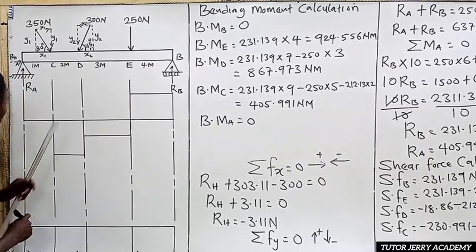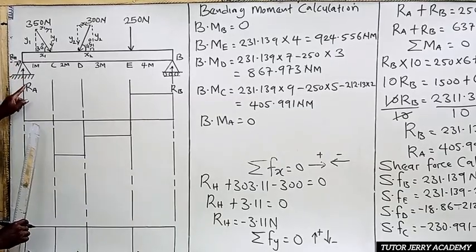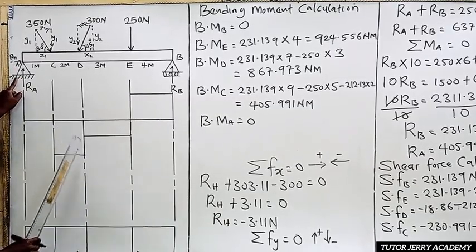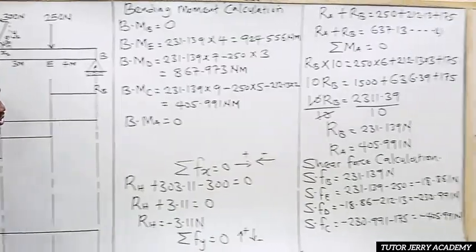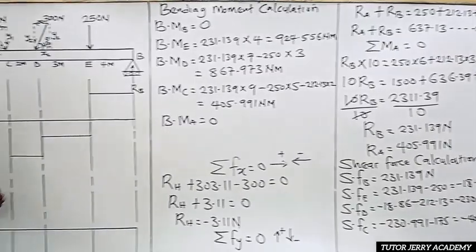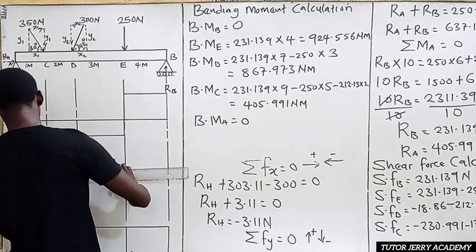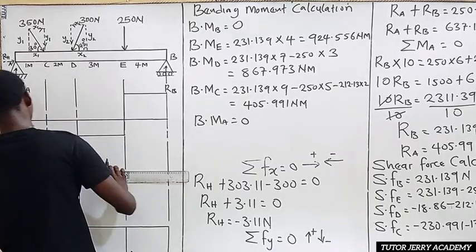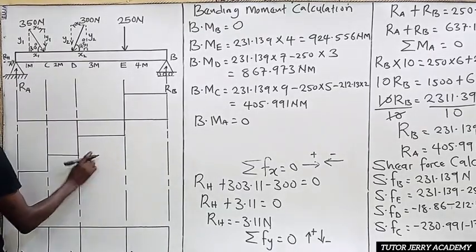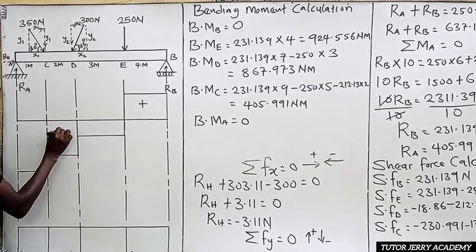All right, so the shear force at point C is nothing but minus 405.99. So we are still coming down, so let's make use of this point. All right, so that's it. So this is positive, then this is negative.